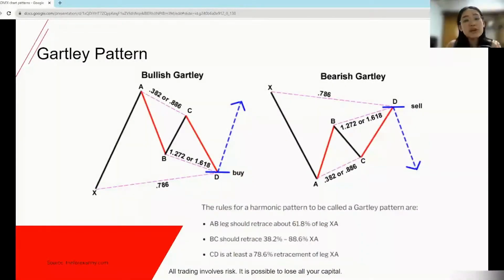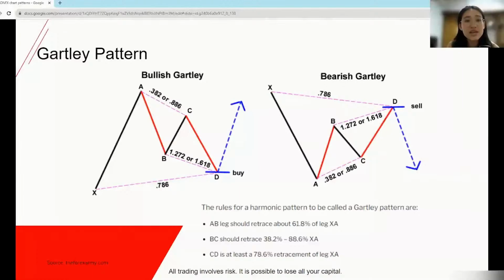Okay, so a couple of patterns for you to take note of. We have the Gartley pattern, which is the best known harmonic pattern. After the impulse wave at XA, the corrective leg should end at 61.8, a 61.8 retracement of XA.